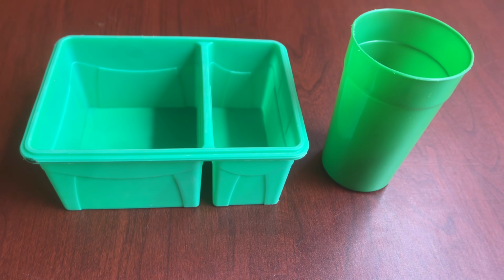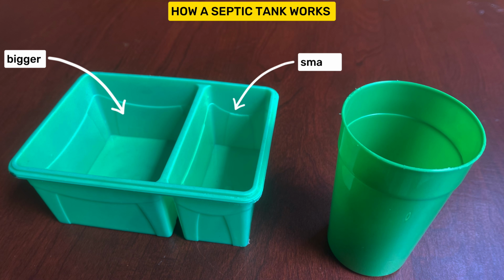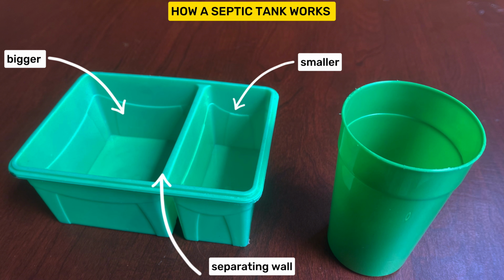To simplify this, let me use these two containers to illustrate how the septic tank system works. So a septic tank is made up of two items. Consider this as the septic tank itself and this item as the soak pit. A standard septic tank has two chambers: the first chamber, which is bigger, and the second chamber, which is slightly smaller, with a separating wall in the middle.